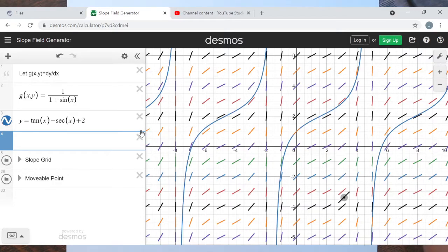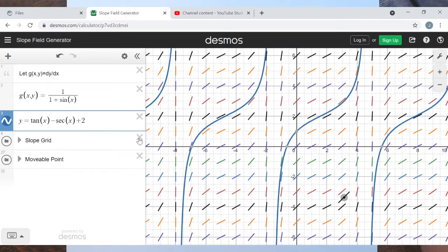You see how they're kind of following along. All these lineal elements in the slope field, they seem to be following those directions, fitting into the slope field pretty well, following the flow. Yeah. So it looks like this family of solutions we found is a good solution to that differential equation.